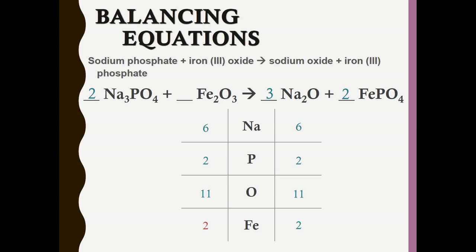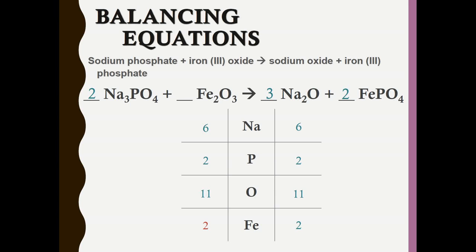So when I write down 2 and 3, I balance my sodium, but at the same time, the number of phosphorus changes on my left side. So my phosphorus becomes 2 from 1, and also my oxygen changes. Oxygen becomes 11 from 7.